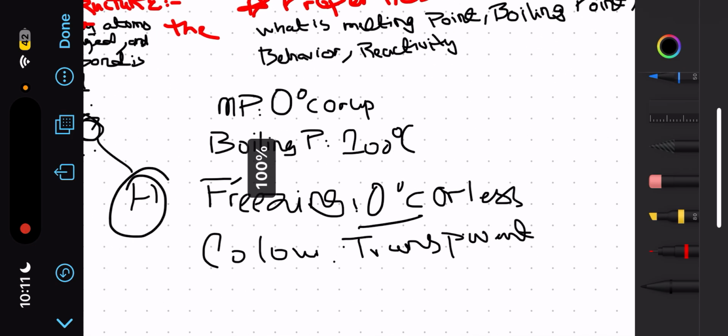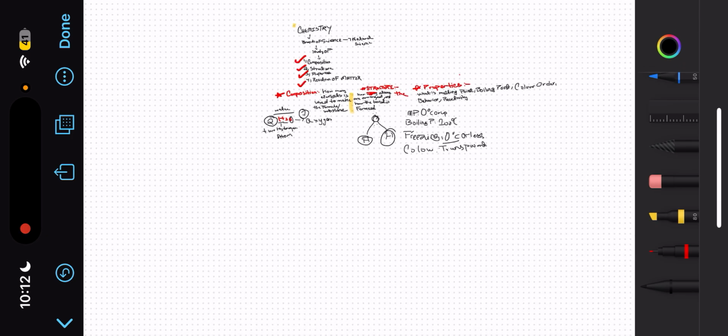So we discuss these things, like melting point, boiling point, color, odor, behavior, and reactivity, in the properties category. These three categories are done.